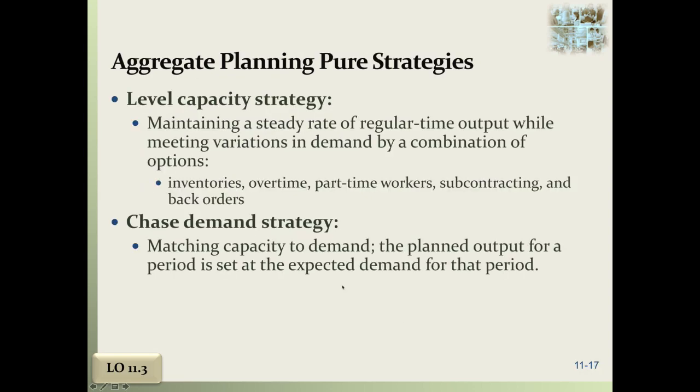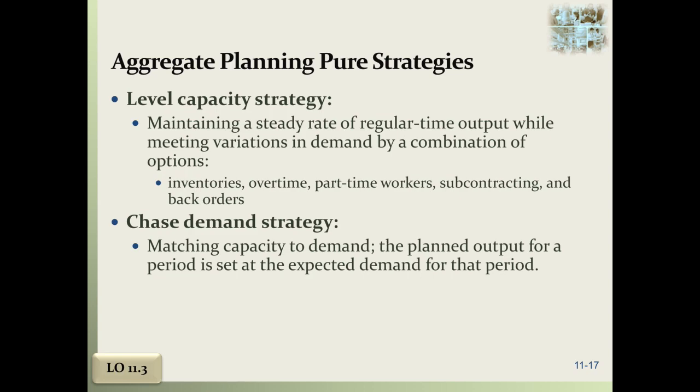So I'm going to talk about some of the strategies. Level capacity strategy is when you maintain a steady rate of regular time output while meeting variations in demand by a combination of options. So you're going to have a steady output. Let's say one month your demand might be 50, the next month your demand might be 70, and then you might have a 60.